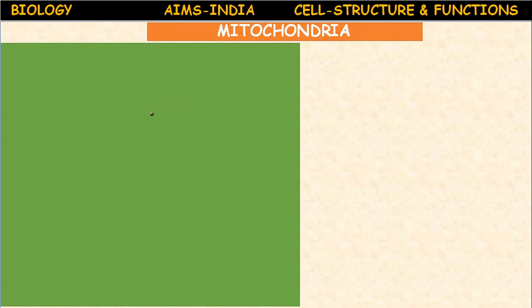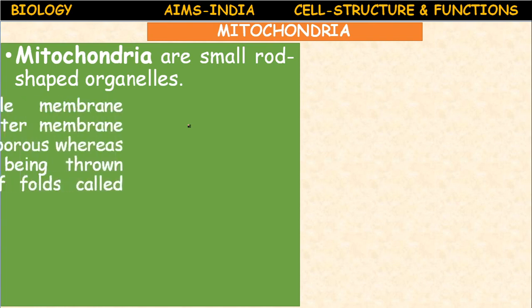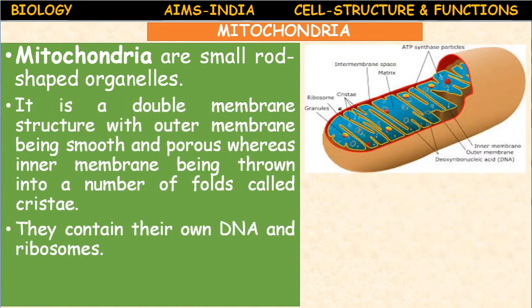Make a fresh solution of Janus green B in a beaker by dissolving 200 milligrams of Janus green in 100 ml of water. Take a watch glass, pour some solution, put the onion peel in that solution and keep it for about half an hour.